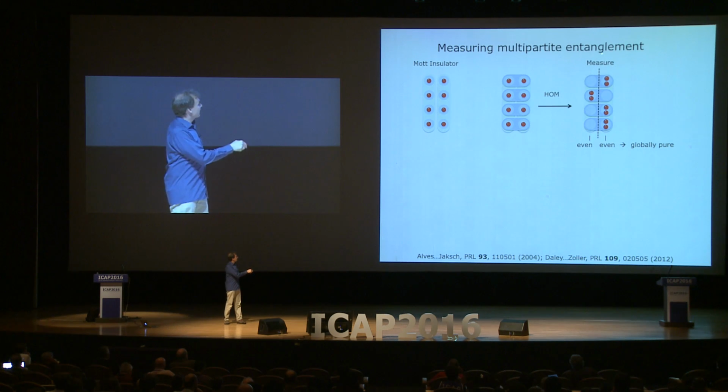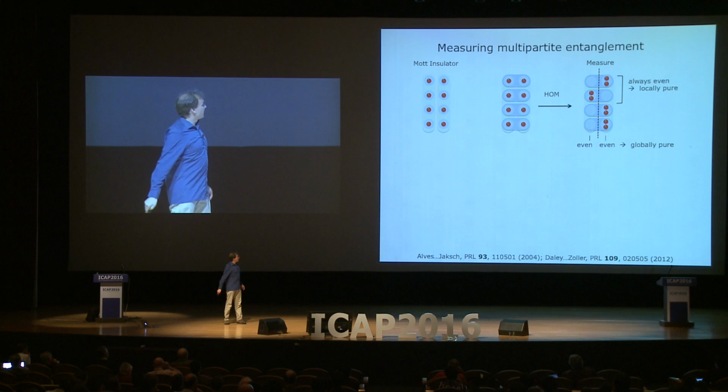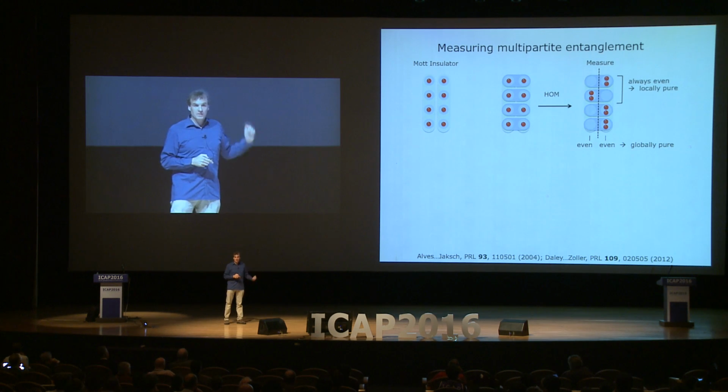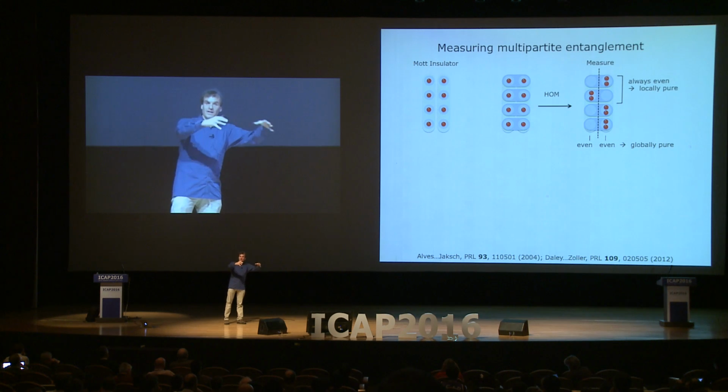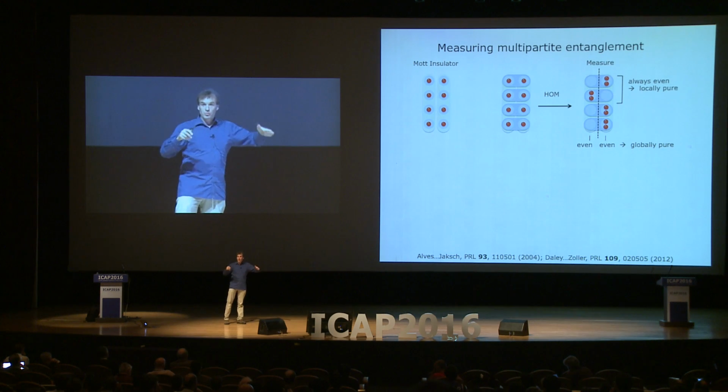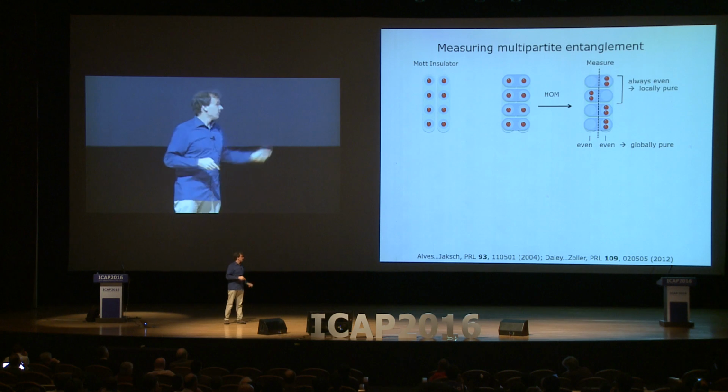The fact that in each realization, globally, I always have even particle numbers means that these two states are pure. And I can also add up just a subsystem. Here, they would be locally also pure because I'm starting with a Mott insulator where there's no entanglement. The whole state is pure, and if I cut it into two parts, it's a product state, and it will still be pure.